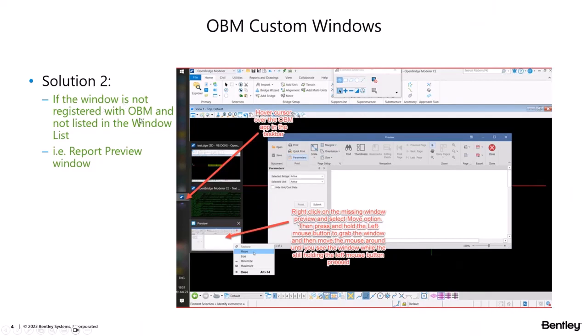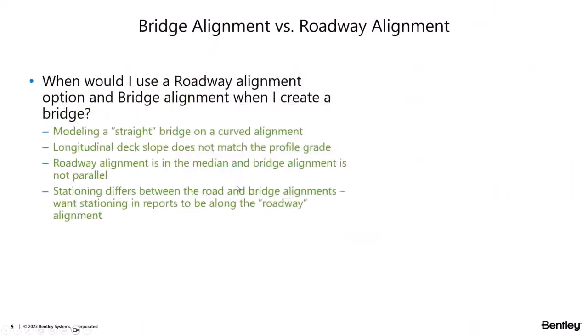So if it's not something that OBM recognizes right away and not in that window list, like this report preview button, you can hover your cursor over the app in the taskbar, wherever you have that, and then right click on this window when it shows you all the different little previews, and then pick move there. That should allow you to move it, or maybe even maximize might be all you need to do to be able to see it somewhere else.